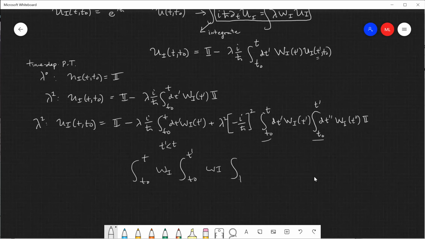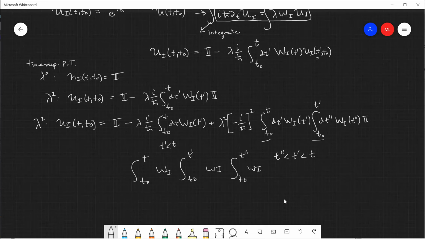You do it again, t_0 to t double prime, and now you have a whole chain of integrations where t double prime is less than t prime is less than t. You keep getting these iterated integrals, and that's quite annoying because it means we have to do them one at a time. And so you first do the inner one and this one and this one, and that's very annoying. We don't want to deal with that.